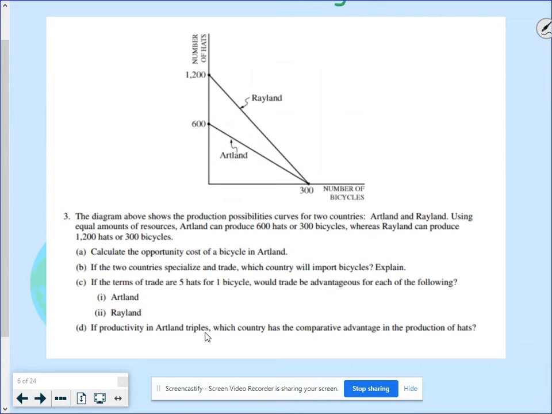That's whenever you start. Ah, bueno, ¿cómo tienes? If two countries specialize in trade, which country imports bicycles?